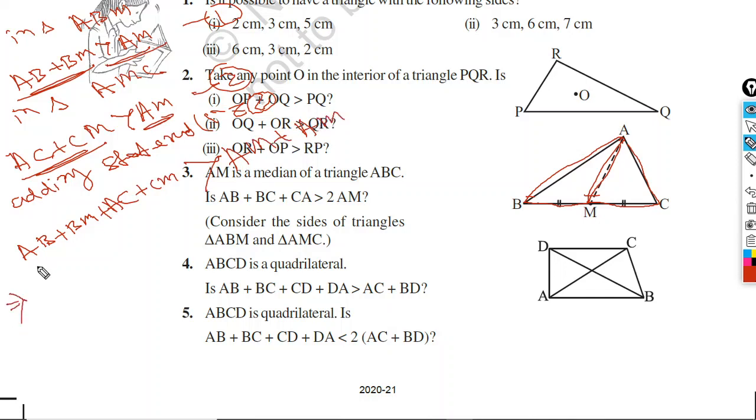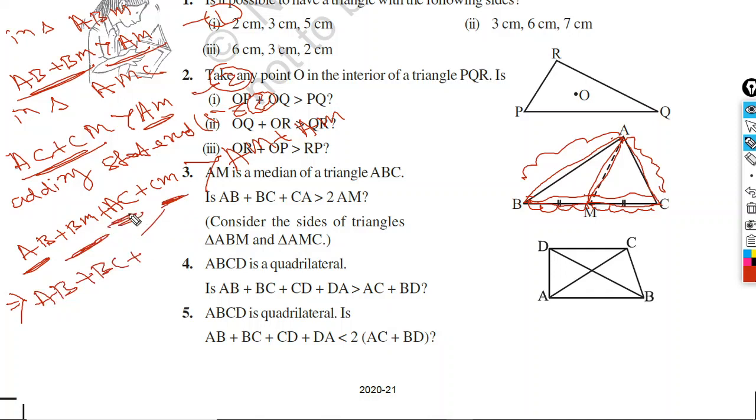Now look at the figure: AB plus AC, and BM plus CM. BM plus CM is BC. So we write AB plus BC plus AC, which is greater than AM plus AM, that is 2AM. So AB plus BC plus AC is greater than 2AM.